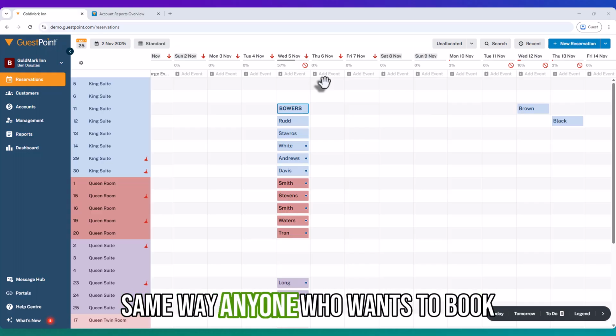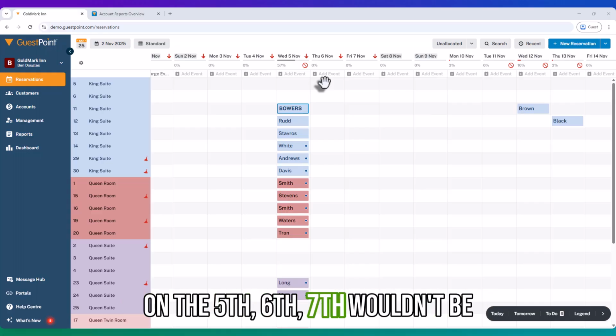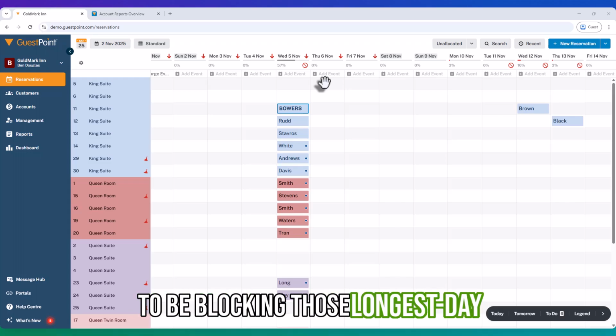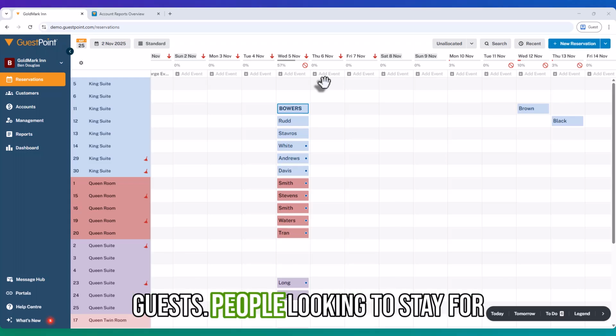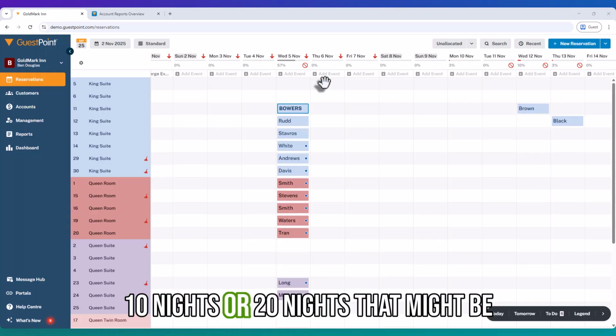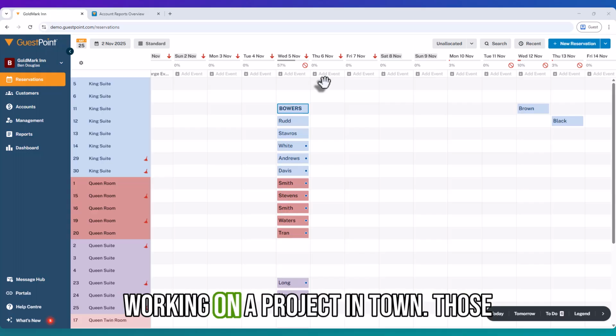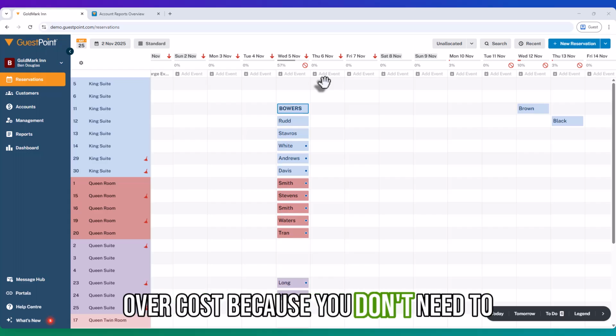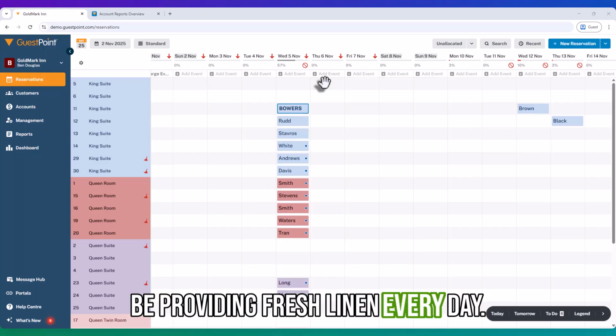And in the same way, anyone who wants to book on the 5th, 6th, 7th wouldn't be able to book. And you're also going to be blocking those longer stay guests, people looking to stay for 10 nights or 20 nights that might be working on a project in town. Those guests have a lot lower room turnover cost because you don't need to be providing fresh linen every day.